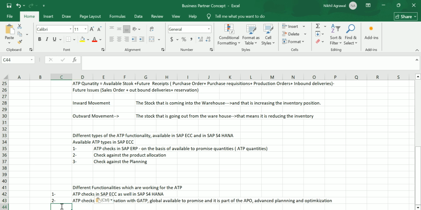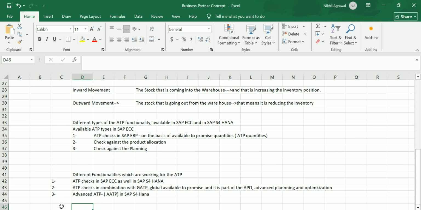Third is advanced ATP, or we call this AATP in S4 HANA. The first one is called the classic available to promise as well.